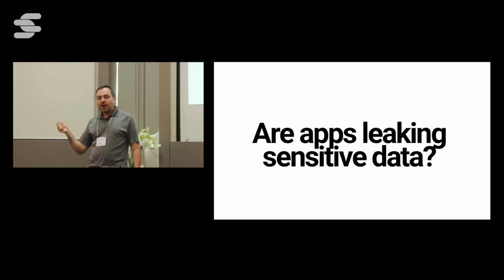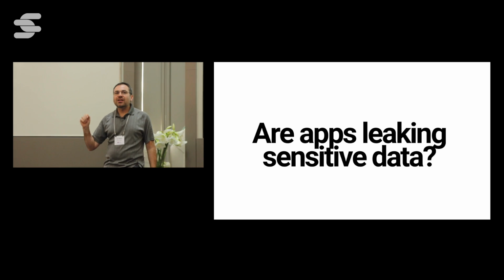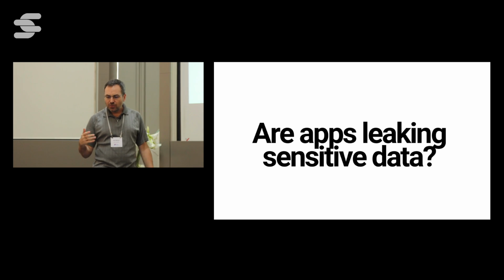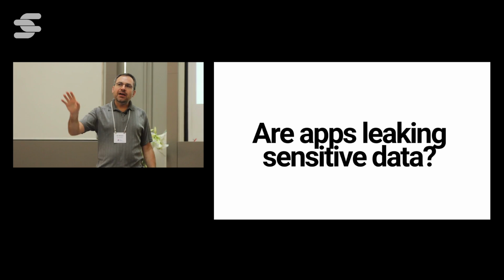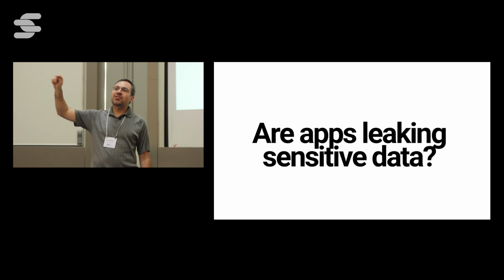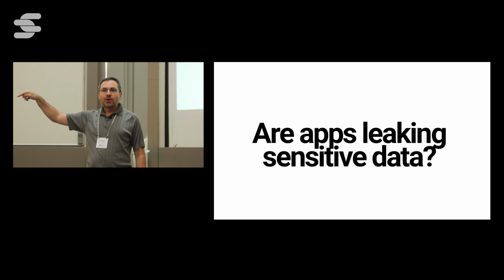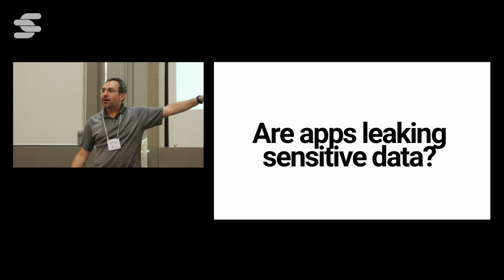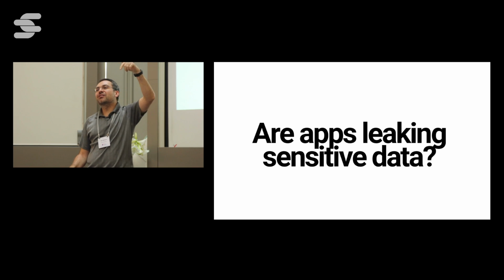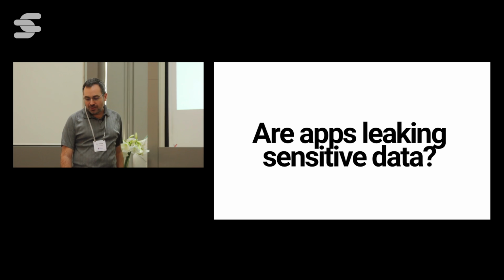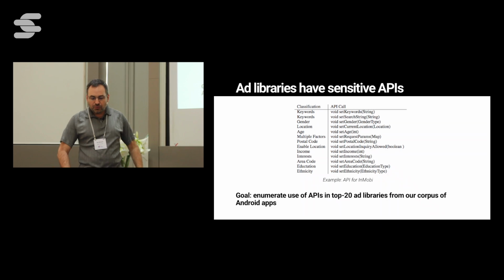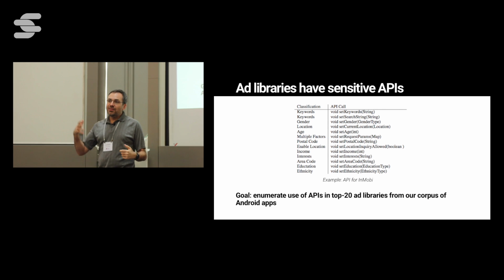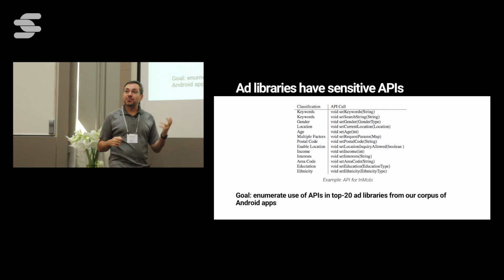So, here's a question. Are apps leaking sensitive data? Well, we've already shown that they're measuring things. What are they leaking? But hang on, I told you what the advertising libraries are doing. What are the hosting applications doing? Are they willingly telling things that they know to the advertising libraries? Turns out there are all these really interesting APIs that ad libraries provide to applications.